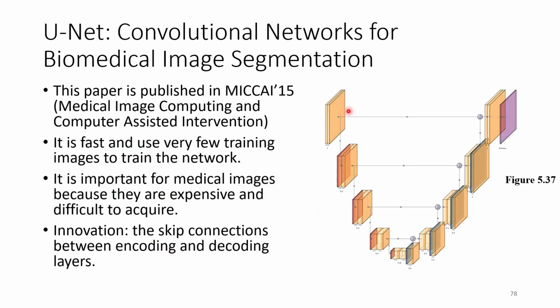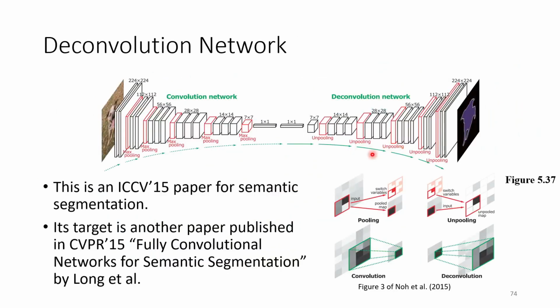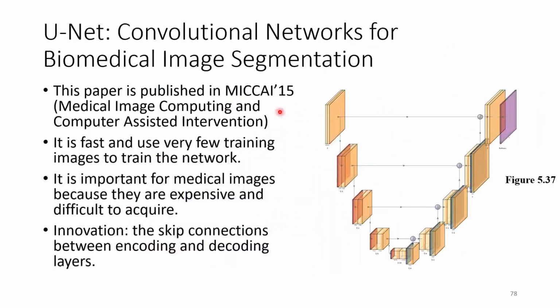Okay, this is the U-Net. It is also a network developed for the segmentation problem. And this is the figure from our textbook. I want to highlight, from this network and this network, what's the major difference?